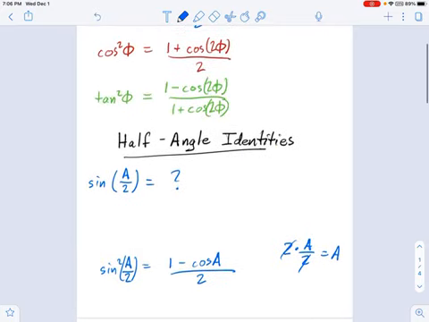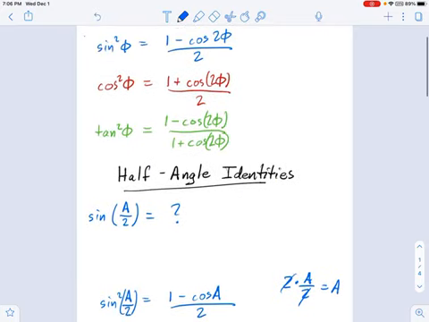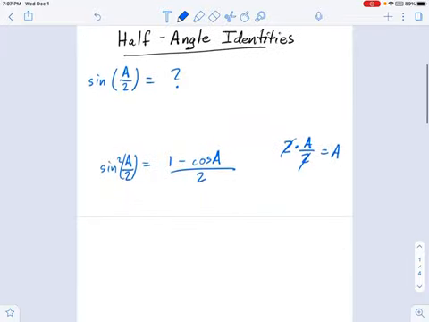And if you look back and forth between this and the power reducing identity up here, you should be able to see the pattern, the similarity between the two. But the one on the bottom is a little more useful for what I need right now, which is producing the half angle identity. So let's take this one step further. Right now I have sine squared of a over 2 equals 1 minus cosine a over 2, and I want to just square root both sides.